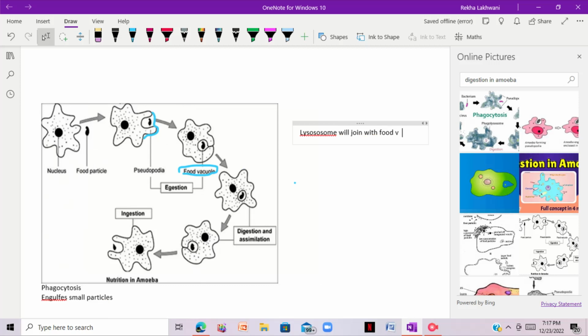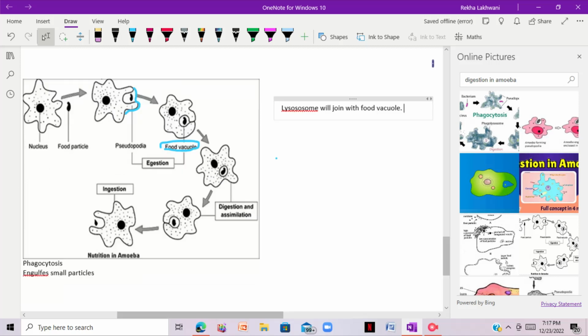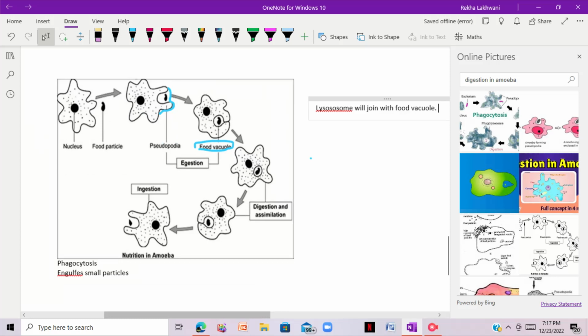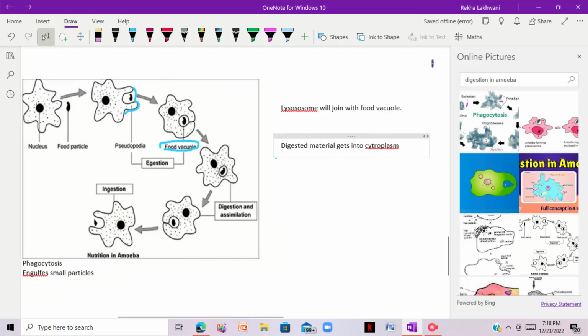The undigested particles will get out of the amoeba.